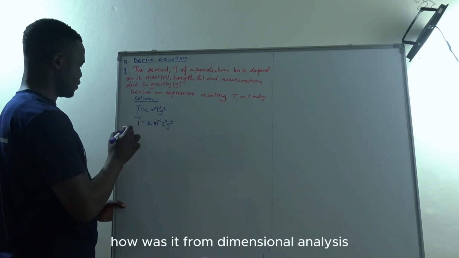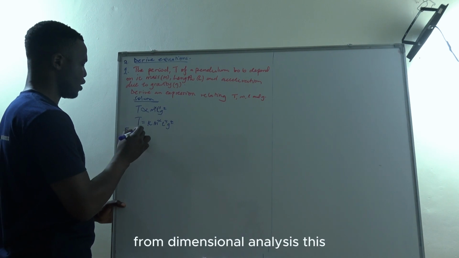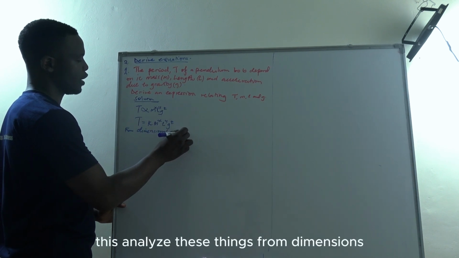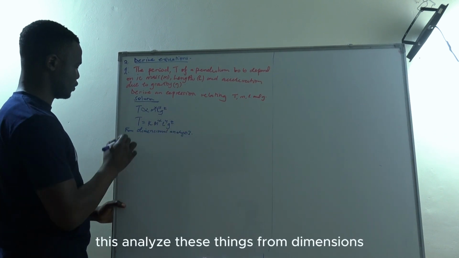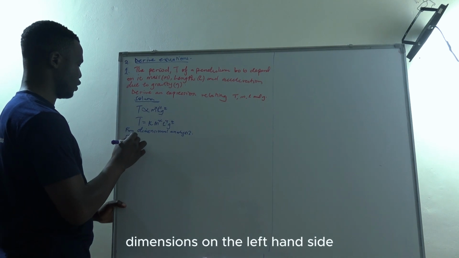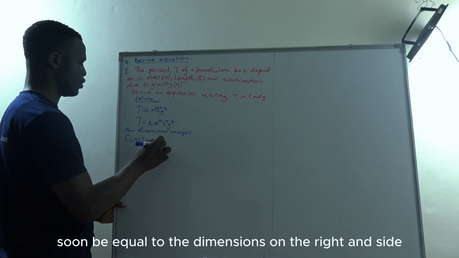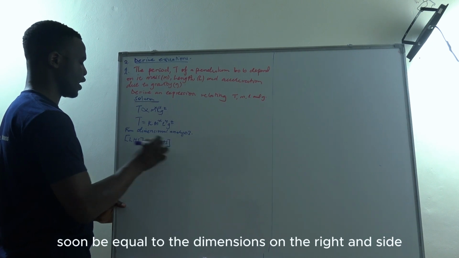Now, from dimensional analysis, let's analyze these things. Dimensions on the left-hand side should be equal to the dimensions on the right-hand side.